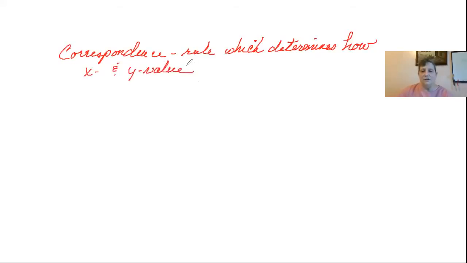So it's the rule that tells us what goes with what. In this case, perhaps the correspondence is the person's pet.